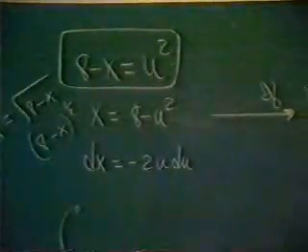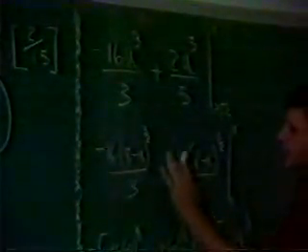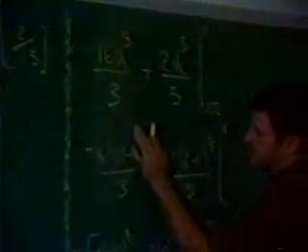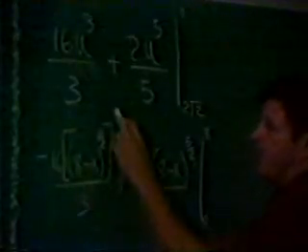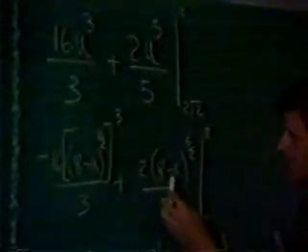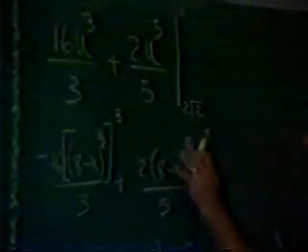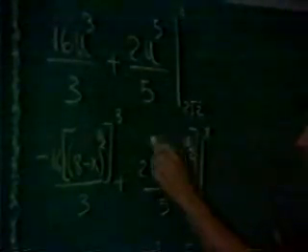Okay, returning to our problem. Now, if you want to take this a step at a time, this is 8 minus x to the 1/2 quantity raised to the third power. This is 8 minus x to the 1/2 quantity raised to the fifth power.